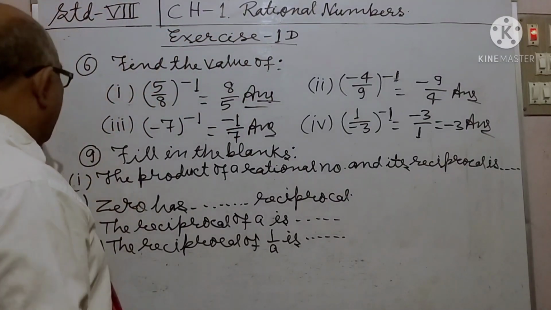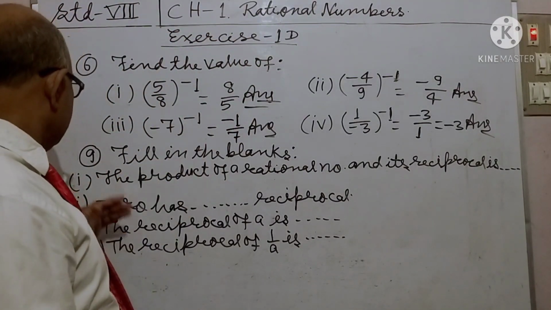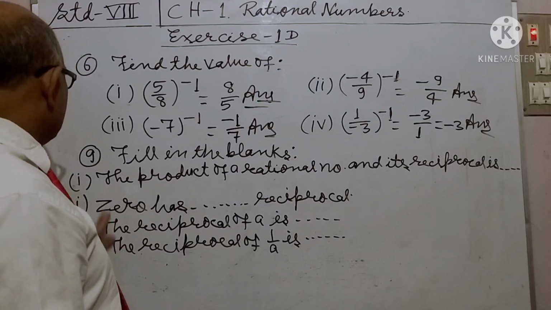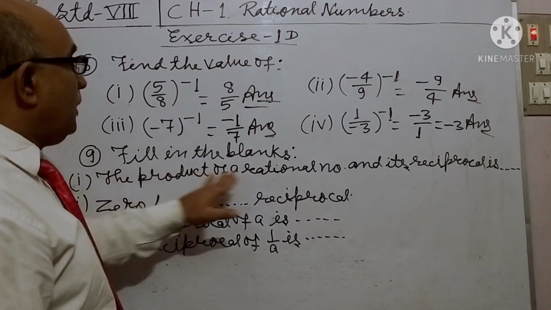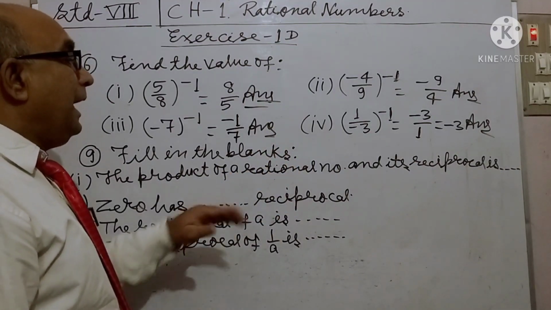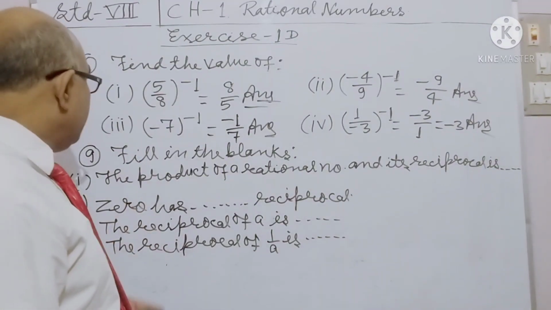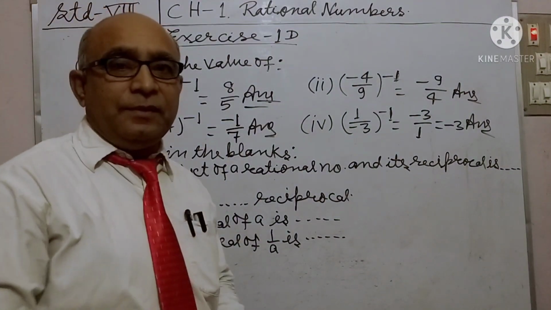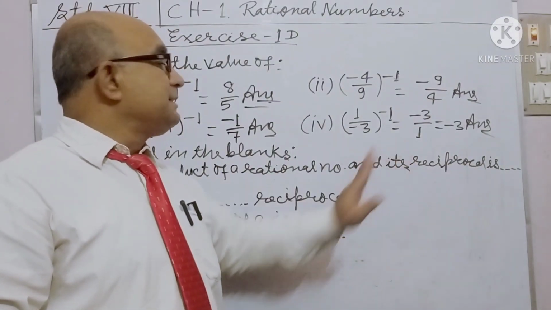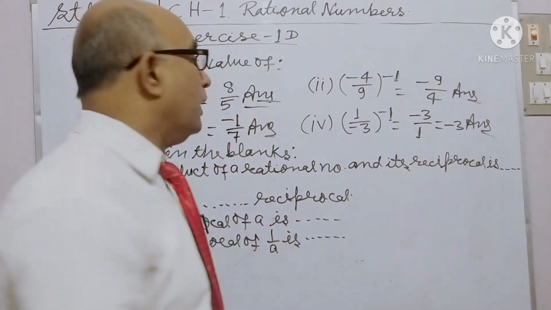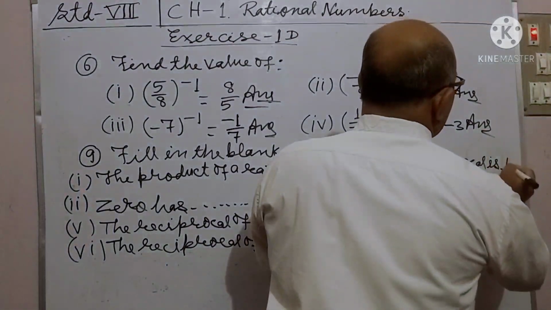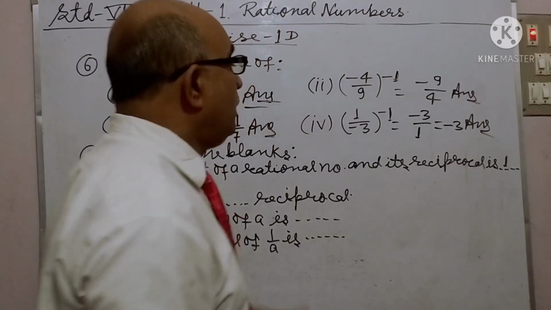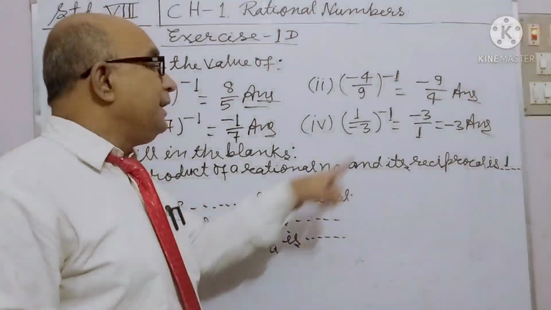And question number 9, fill in the blanks. So many questions are given in this question. The product of a rational number and its reciprocal: we know that it is always 1, because a by b into b by a equal to 1.